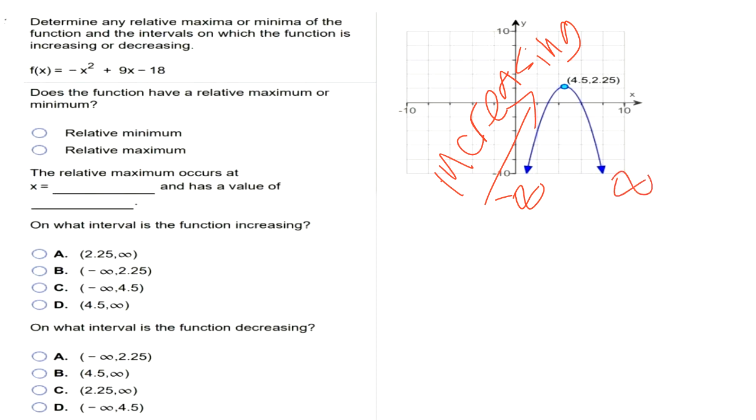And I'm increasing from negative infinity, and I go up, and it's the first x because I'm walking down the street. So I move up to 4.5. So I increase from negative infinity to 4.5. And so that would be C.